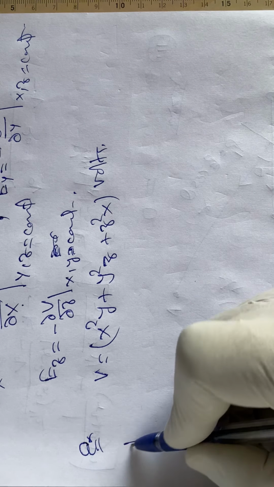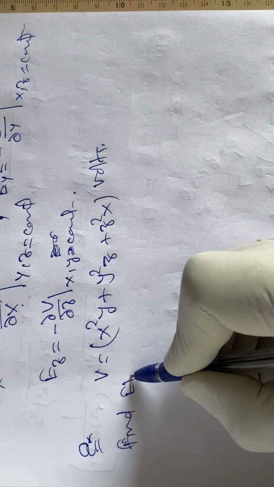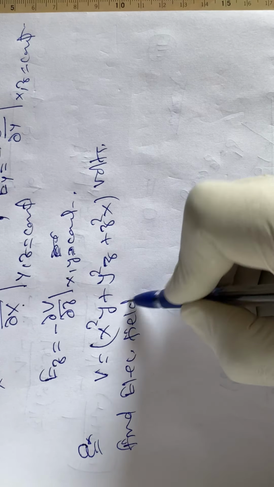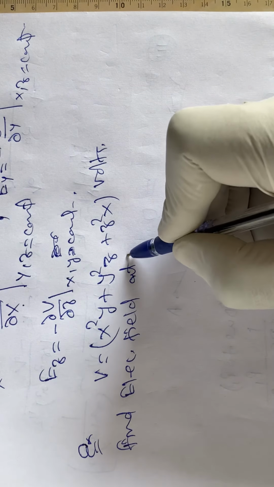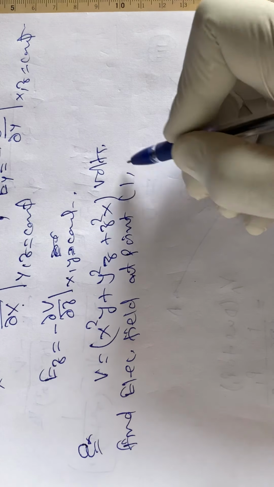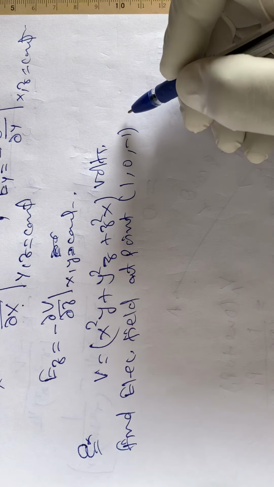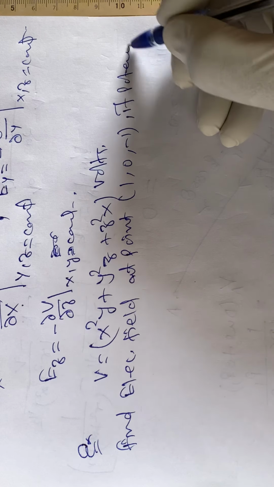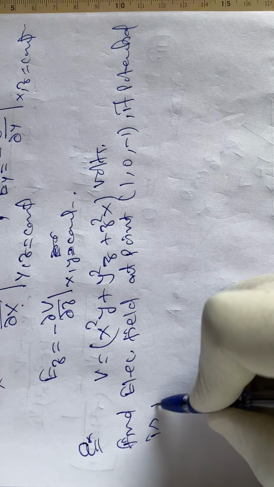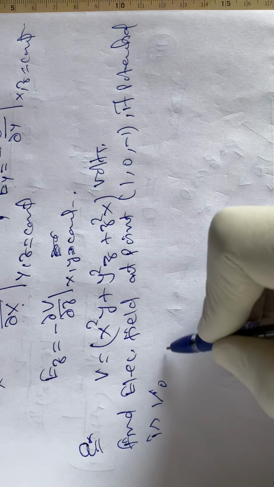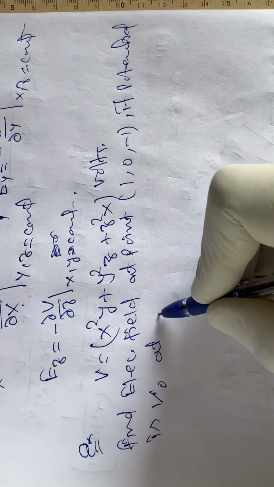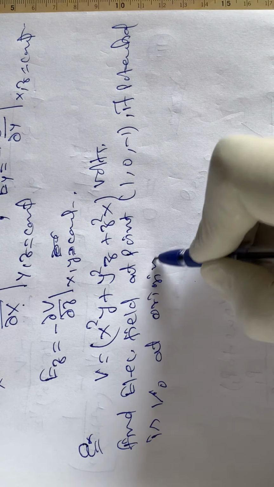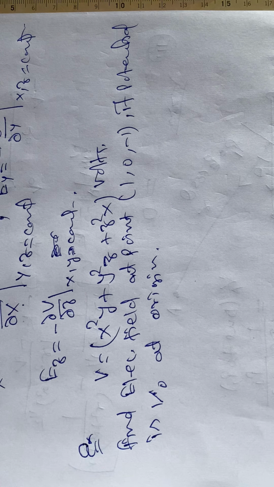Now the question is, find electric field at point 1, 0, minus 1 if potential is V naught at origin.